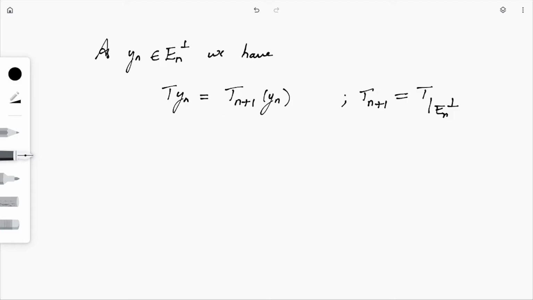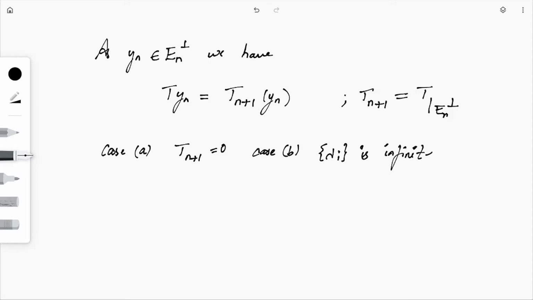Now if you remember, we had stopped last time after proving the first portion of the theorem by considering two cases. The first case was that Tn plus 1 is 0, and the second case was that the set of lambda i, that is the eigenvalues, is infinite. These were the two cases, so here also we'll be considering these two cases.